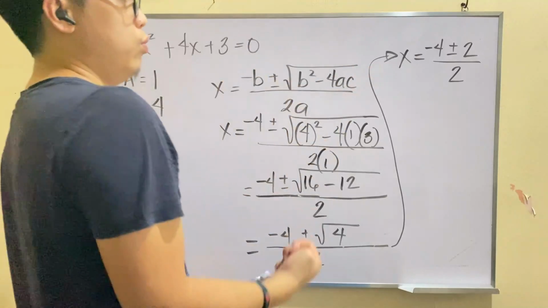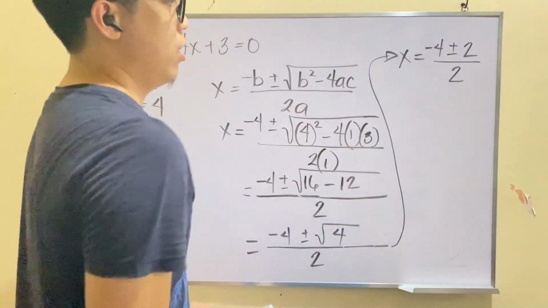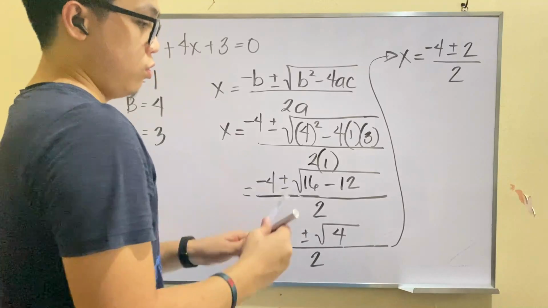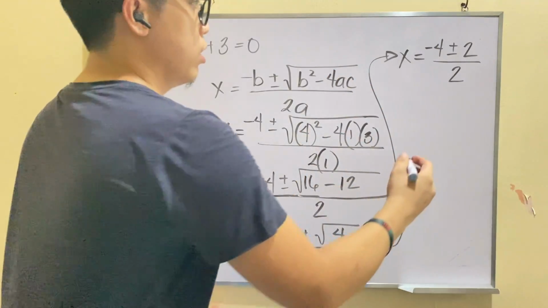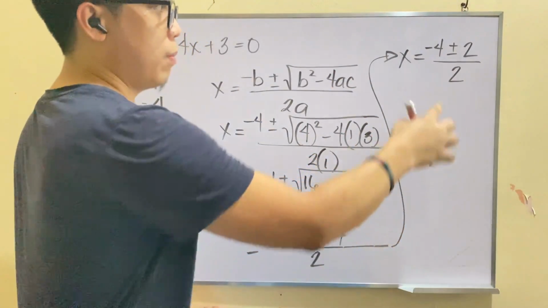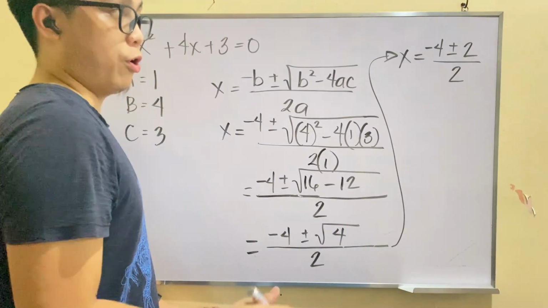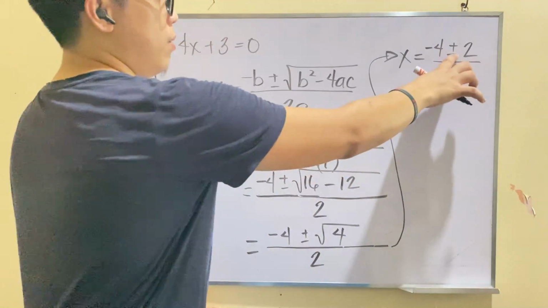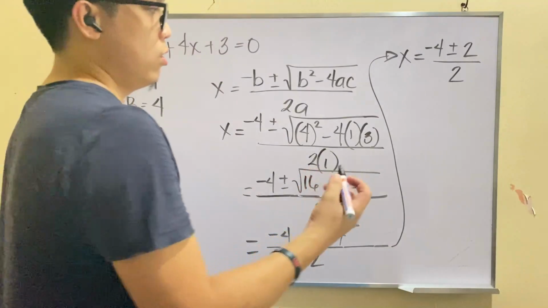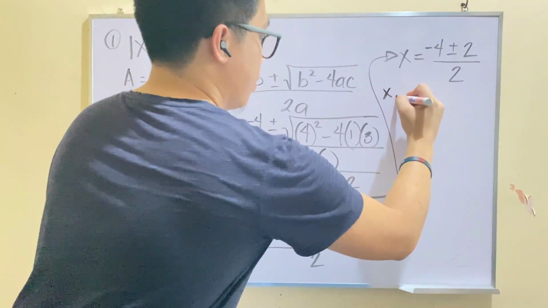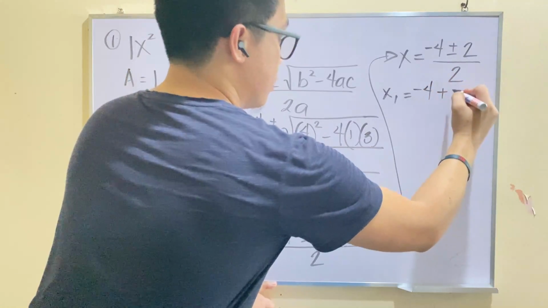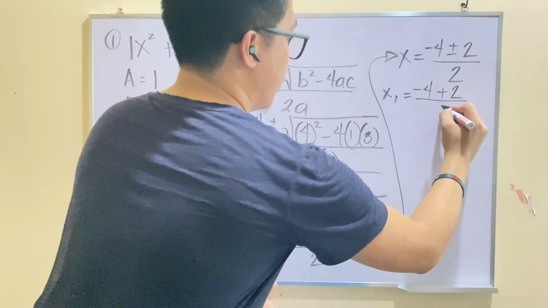Kasi meron tayong 2 conditions, plus or minus. Paano natin makukuha ang value ng x? So, meron tayong dalawang conditions. Ano makukuha na value ng x kapag positive 2 or plus 2? And ano yung makukuha ang value ng x kapag naging minus 2? So, x sub 1 is equals to negative 4 plus 2 divided by 2.